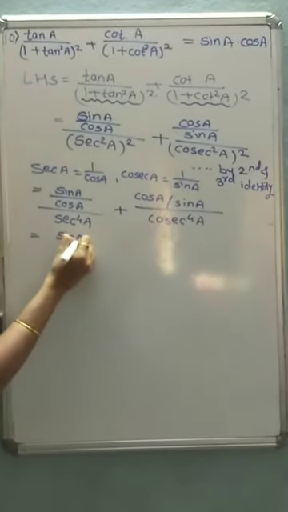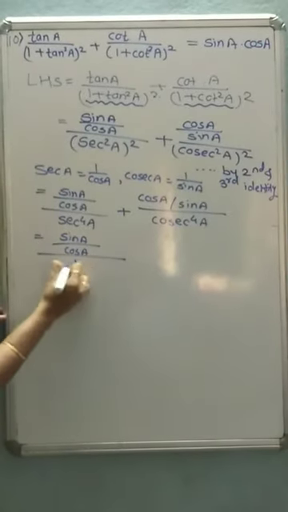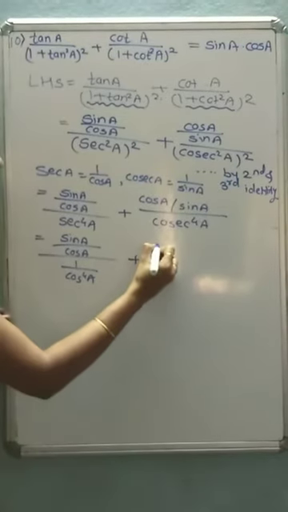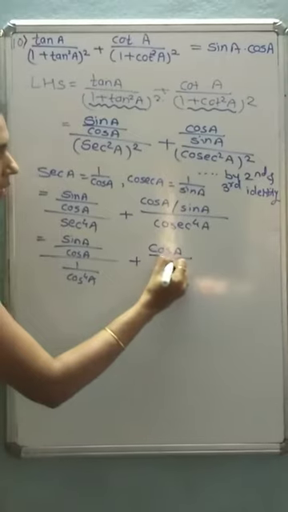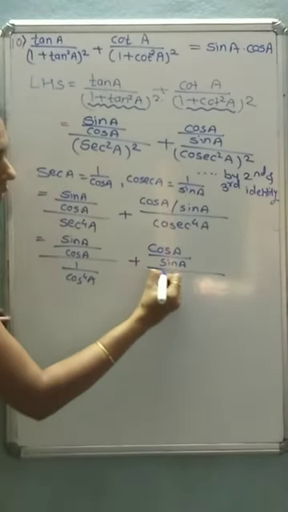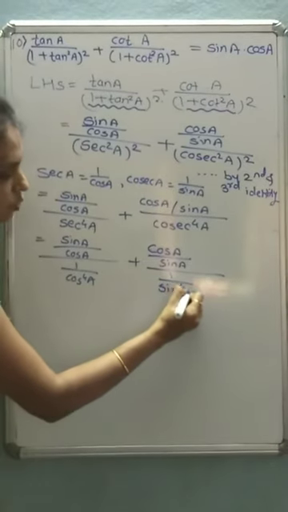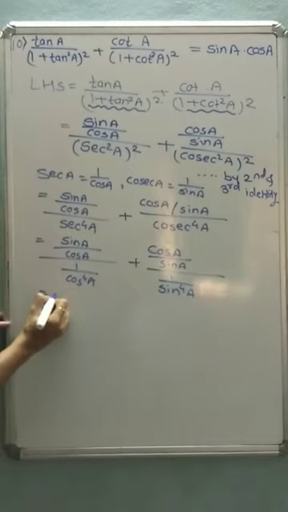Sin a upon cos a upon 1 upon cos raised to 4a plus cos a upon sin a upon 1 upon sin raised to 4a.